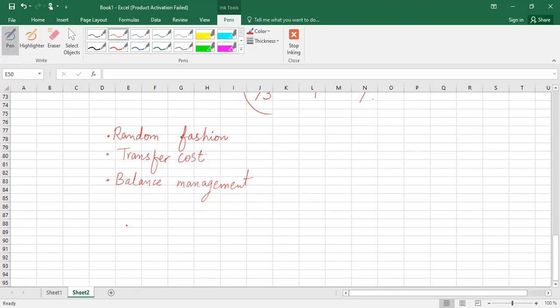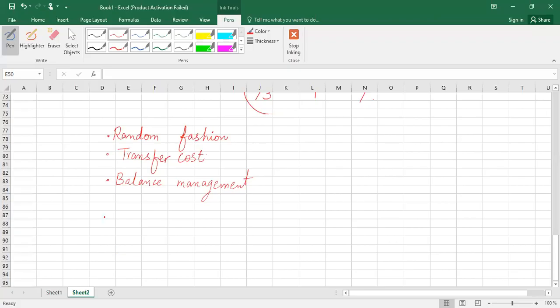And similarly, neither are you holding too much cash, which does not give you an opportunity to invest and earn more profit. So you are not going to lose your opportunity, and you are not going to bear any kind of negative consequences.